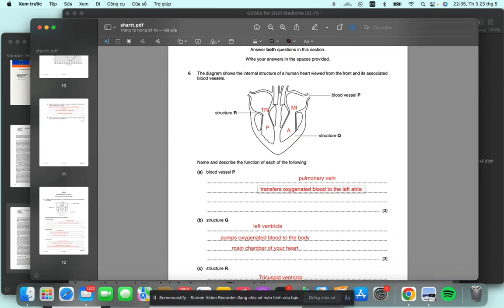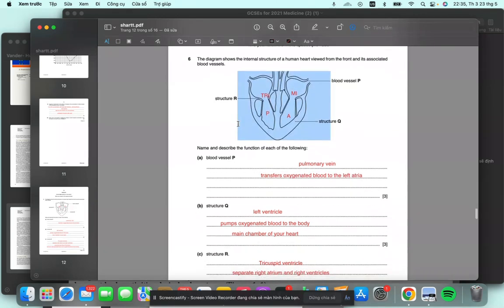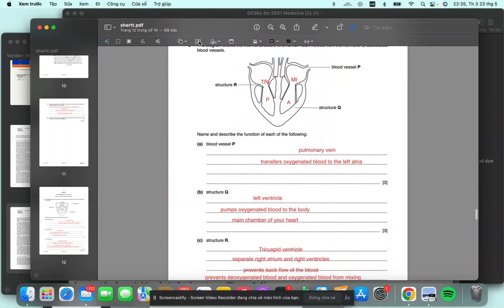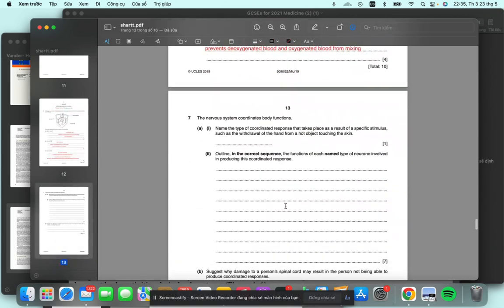This is probably the first time your vein carries oxygenated blood in your body. It has to get it from the lungs. The rest of your veins carry deoxygenated blood.